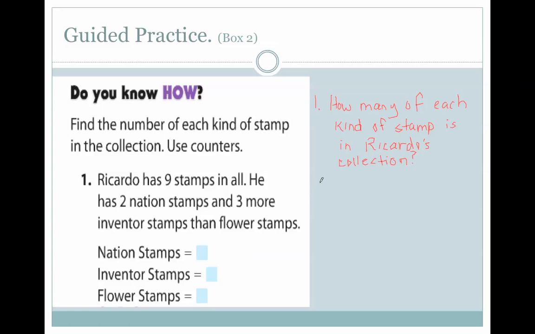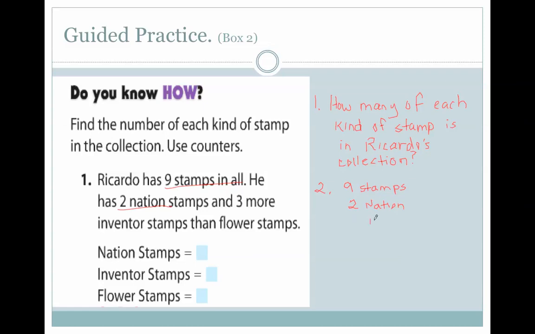Okay, now step 2. Pull out the information that I know. I know that he has 9 stamps in all. And of the 9 stamps, he has 2 nation stamps and 3 more inventor stamps than flower.